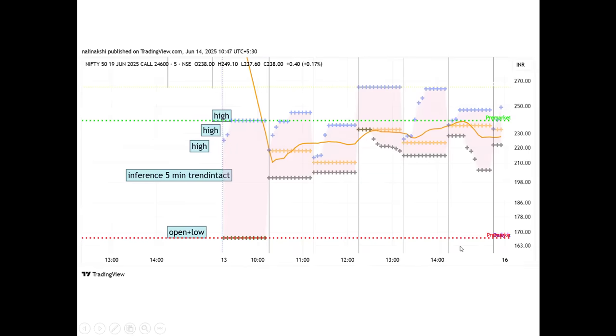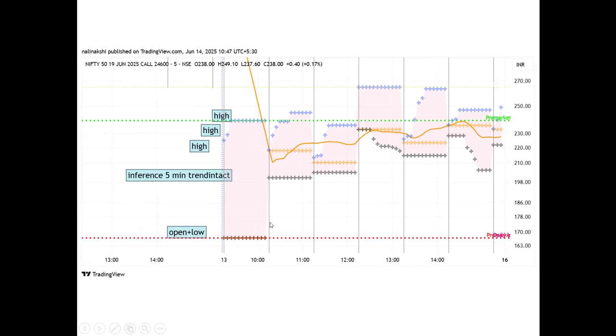See, here is the chart. Here I have completely hidden the price and candlesticks. I am just showing you the hourly indicator plotting. This is the 24,600 call option, yesterday's price behavior on Friday.